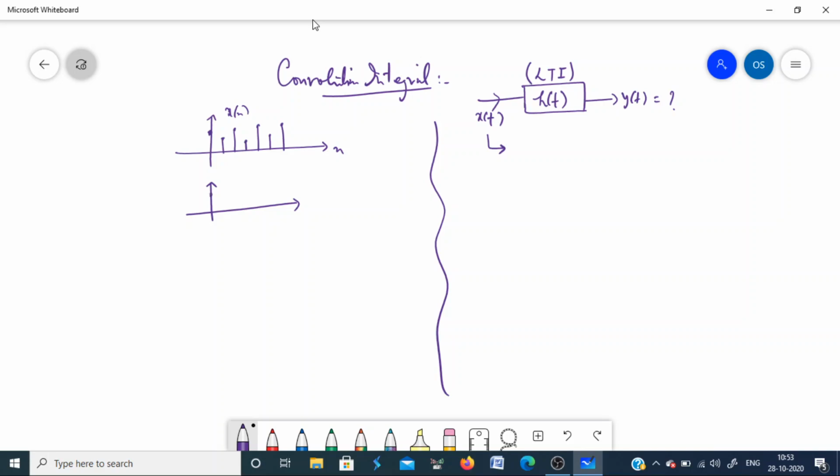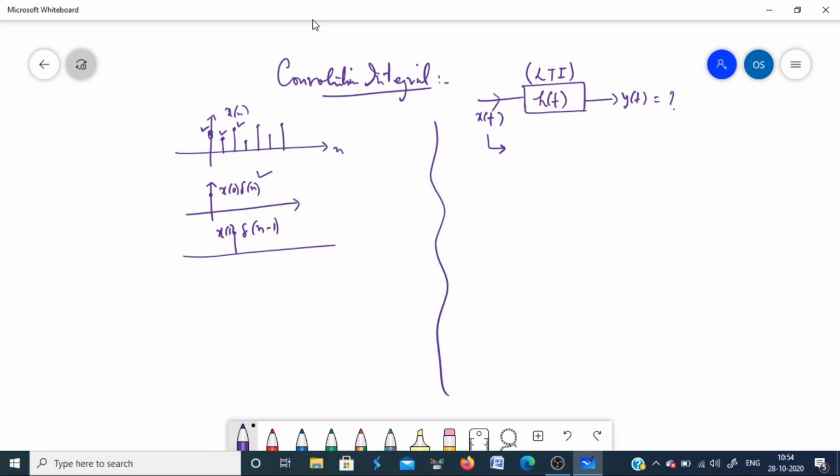This first impulse I wrote as x[0] into delta[n], because delta[n] is 1 and x[0] is the first sample at n equal to 0, so multiplying with delta[n] you get this pulse. Then we shifted delta[n] by 1, delta[n minus 1], and multiplied with x[1], so you get the next value. Similarly, this is x[2] into delta[n minus 2] and so on.